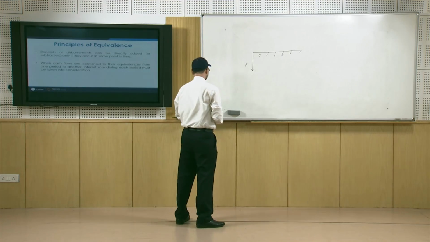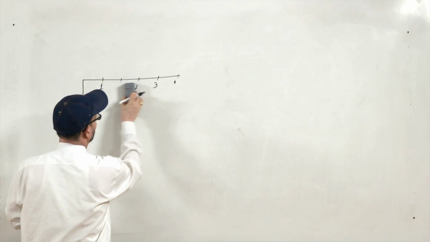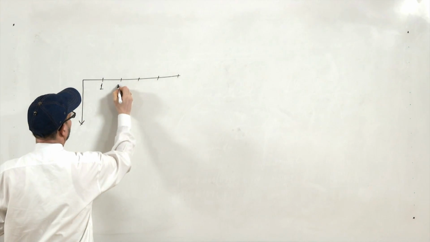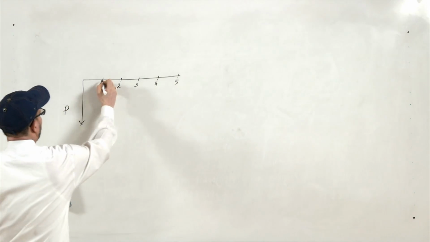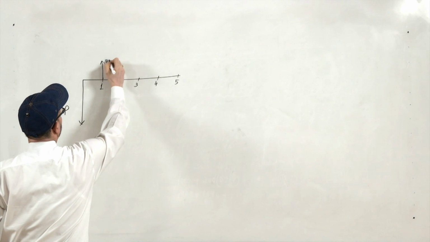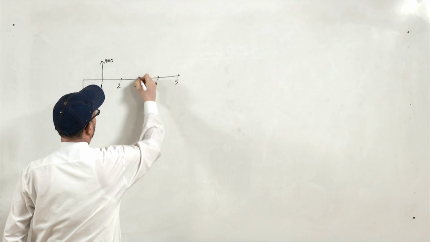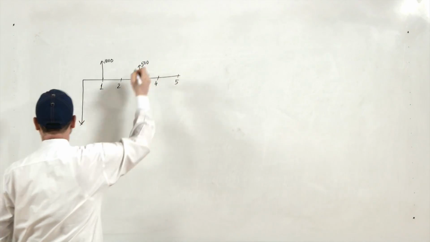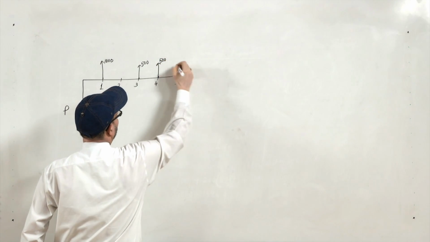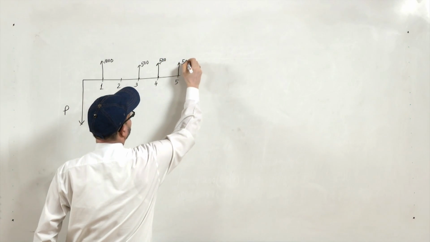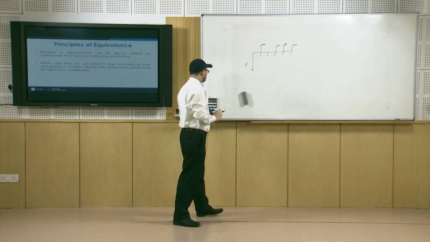Now, in this cash flow, at this point you have 1000 rupees, 500, 500 and 500. Now, the interest rates during these periods differ.